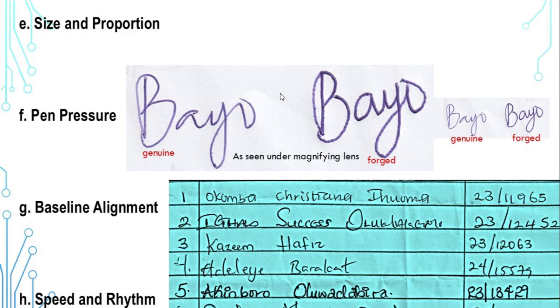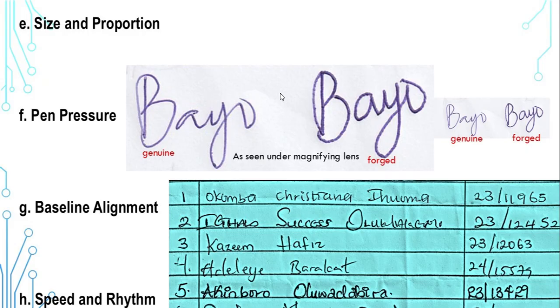But at the same time, the proportion of each letter in the word will still remain. For example, the O on your screen will still remain in the same proportion to Y, A, or B.